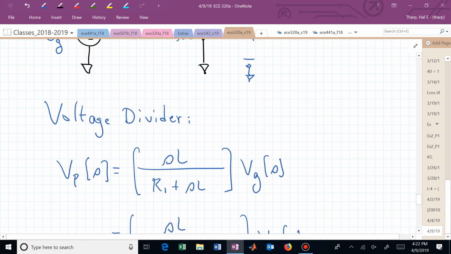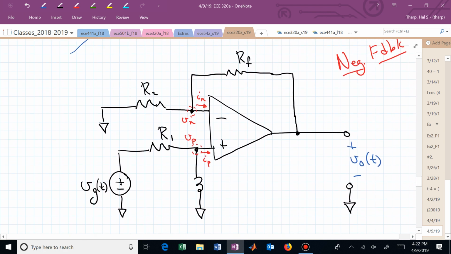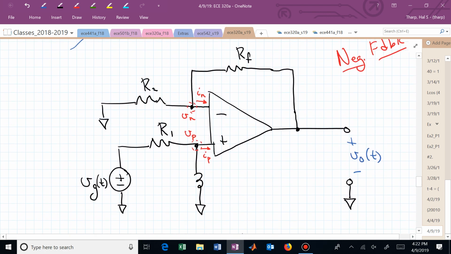Now, we're partway home. We've just looked at this little piece. We now need to look at the other piece. And how can we solve or examine what's happening at the inverting terminal?